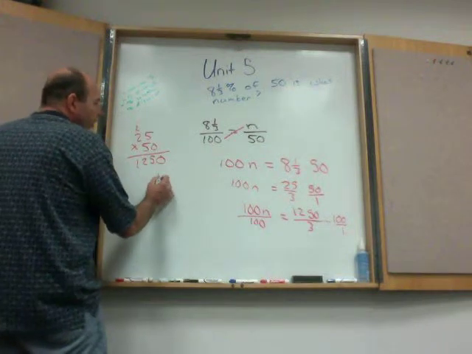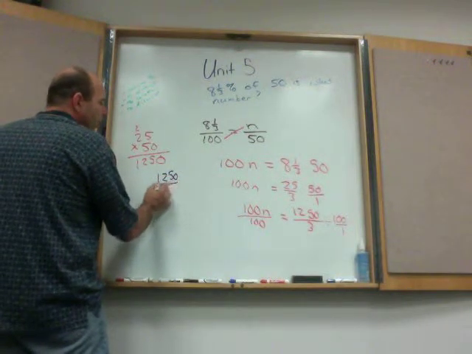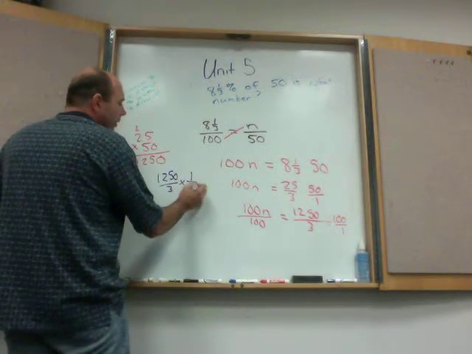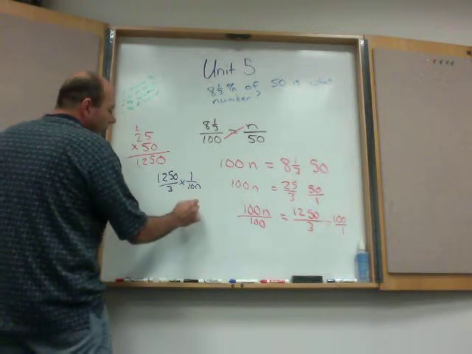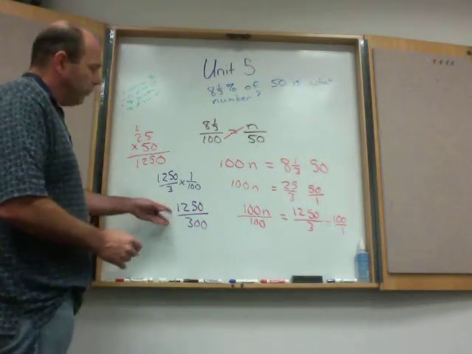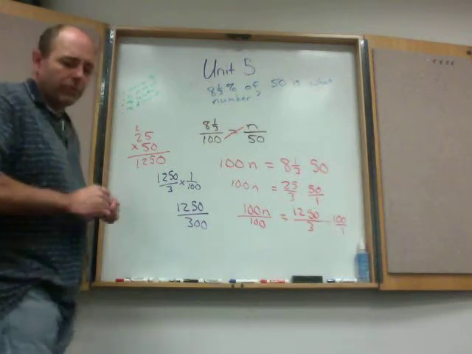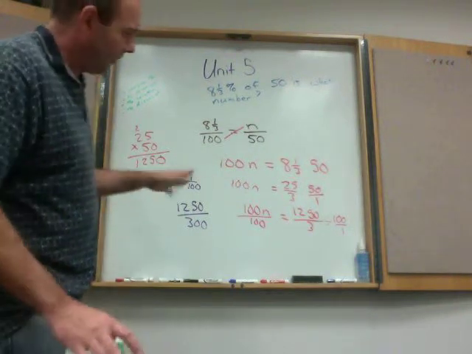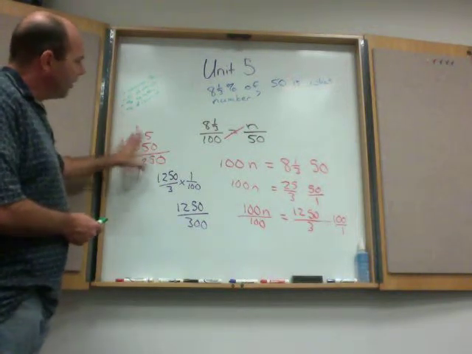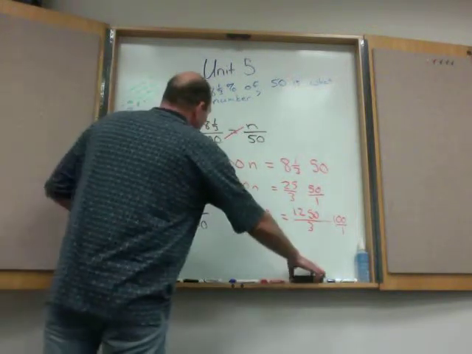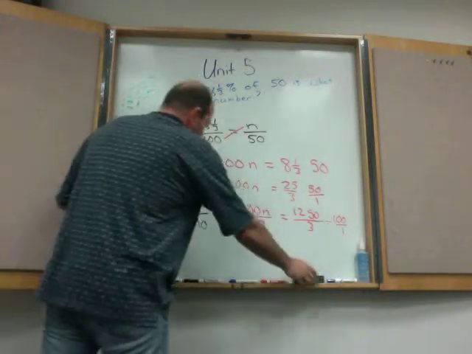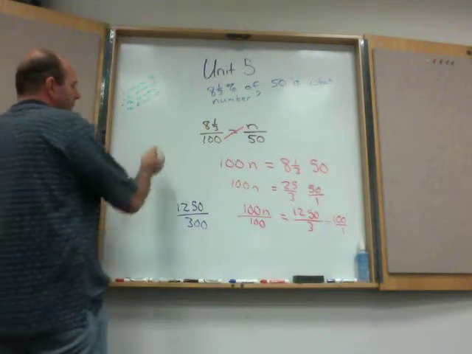So I'm going to have 1250 over 3 times 1 over 100, which just gives me 1250 over 300, which is a fairly simple division problem. I keep switching colors so we can follow the steps a little easier. I am done with these, so I'm going to erase those. And right now we're working on 1250 divided by 300.